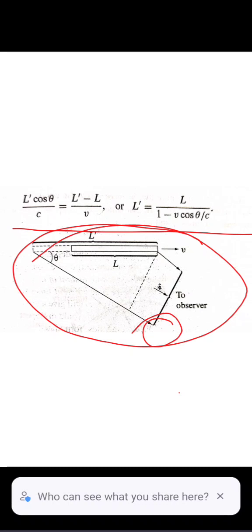Then the extra length L dash is equal to L divided by 1 minus V cos theta by C.